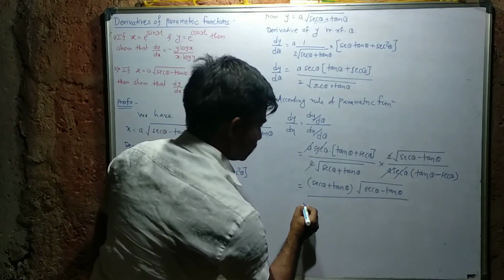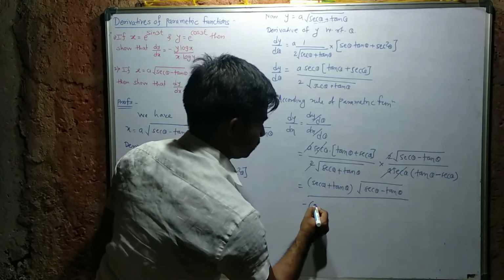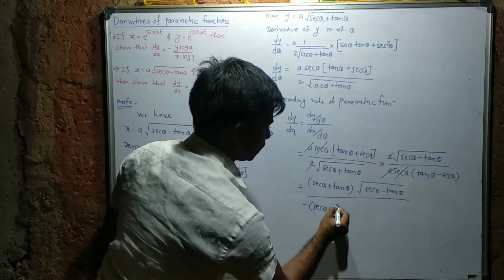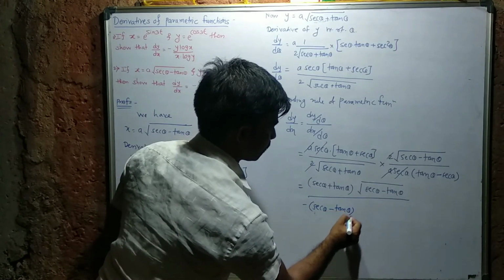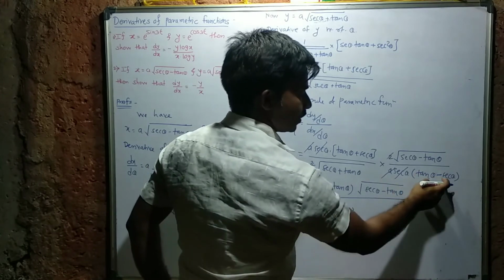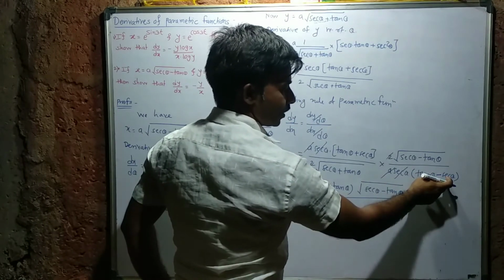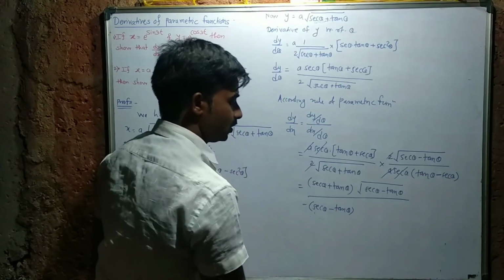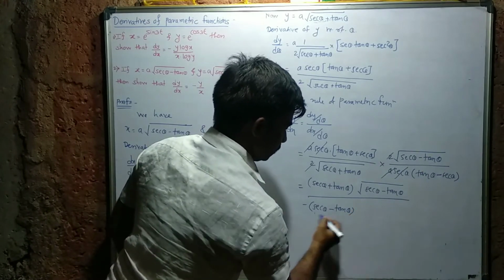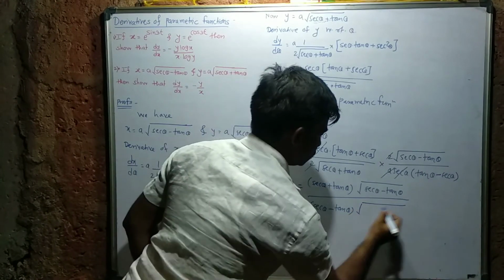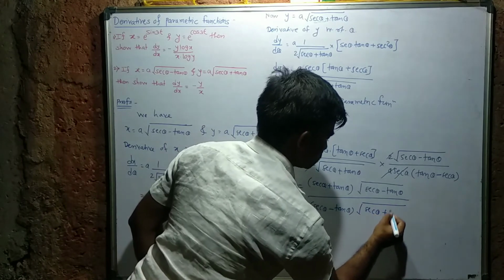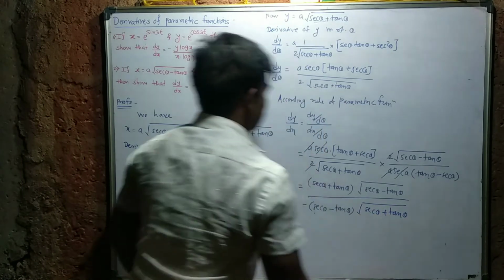We take the minus sign here, and inside the bracket sec theta minus tan theta. Taking the minus sign common, sec theta becomes positive and tan theta becomes negative, and inside the square root it is sec theta plus tan theta. We know about this consideration.